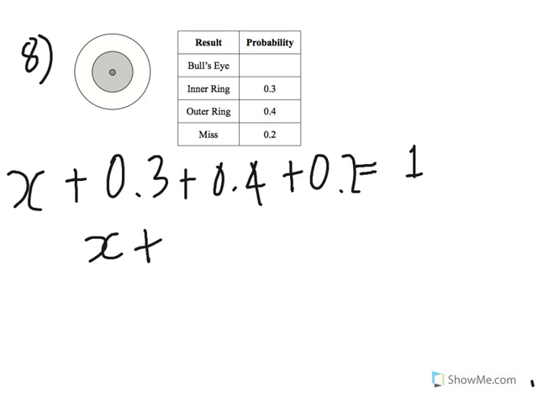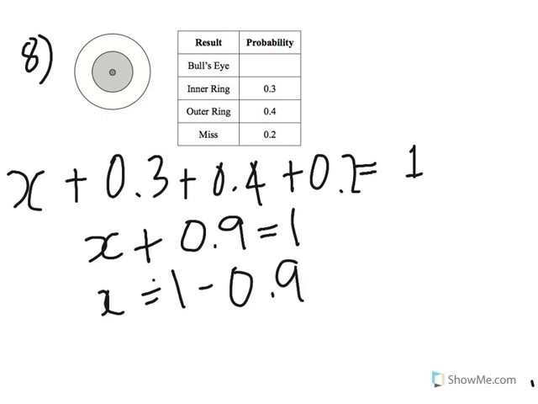So x plus 0.3 plus 0.4 plus 0.2, which is 0.9, is equal to 1. Since it's an equation, subtract 0.9 on both sides, so the 0.9s cancel, and x is equal to 1 minus 0.9, which is 0.1.